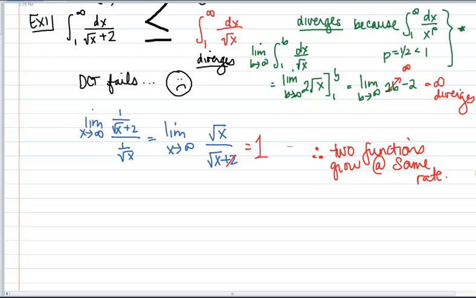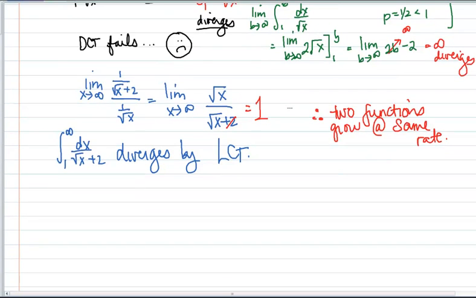This test right here is what we call the limit comparison test. This particular integral from 1 to infinity of dx over square root of x plus 2 diverges by what we call the limit comparison test, and I'll abbreviate that as LCT.